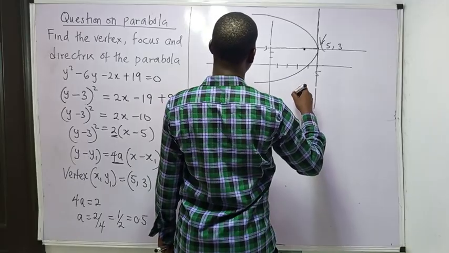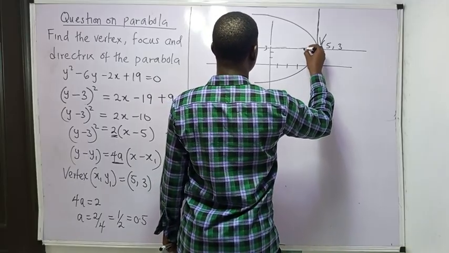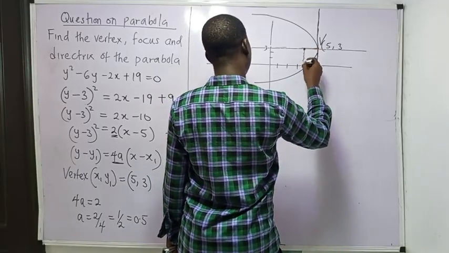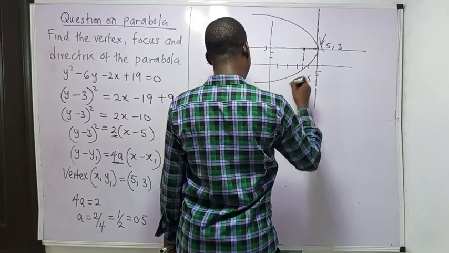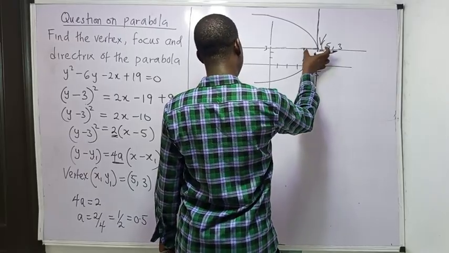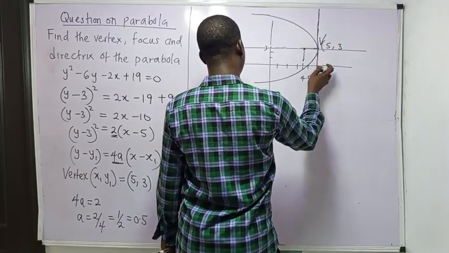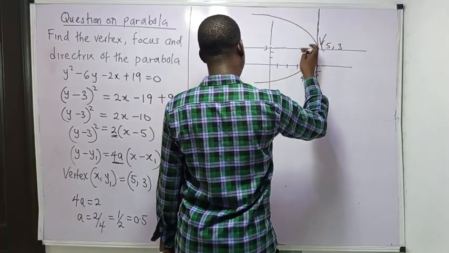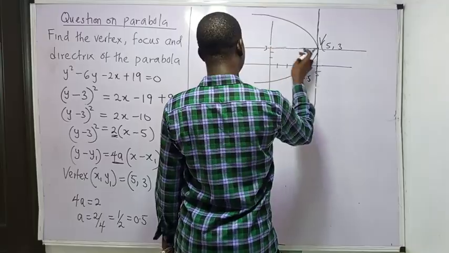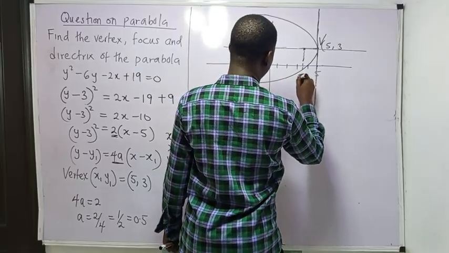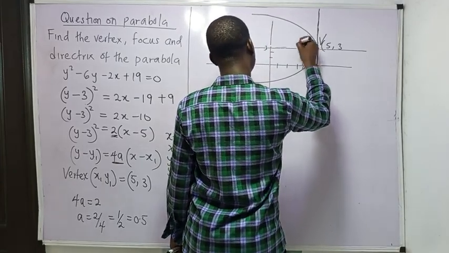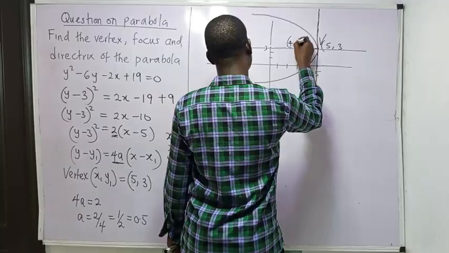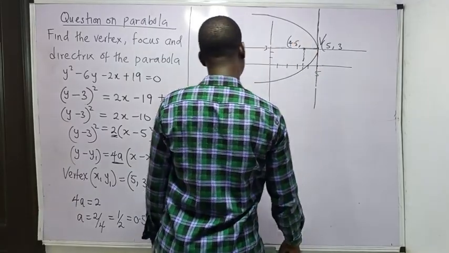It is still going to fall in the positive region. But here will now be 4.5 for x, because from here to here is 5, so if you take half away, what remains is 4.5.